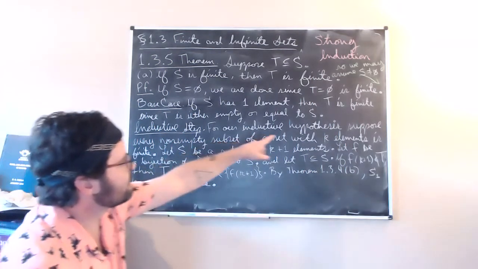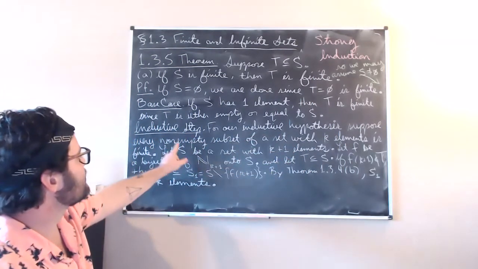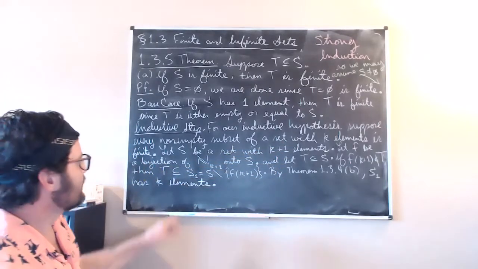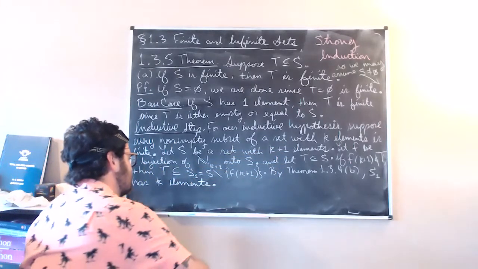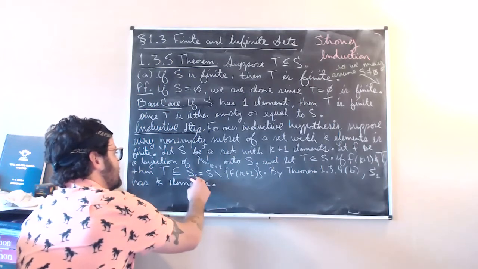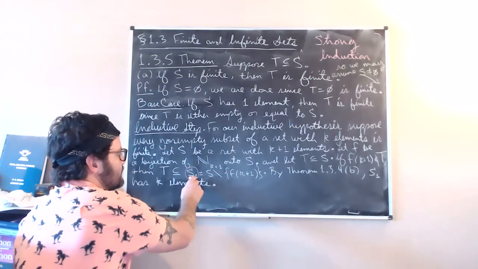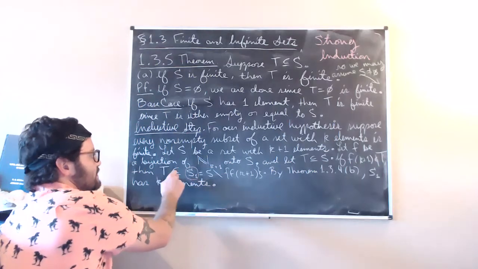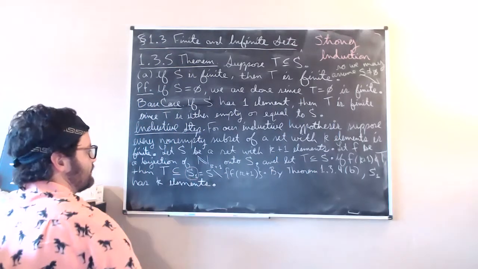Now, our inductive hypothesis says that every non-empty subset of a set with K elements is finite. This right here is a subset. This right here is an element with a set with K elements. And T is contained in S1.